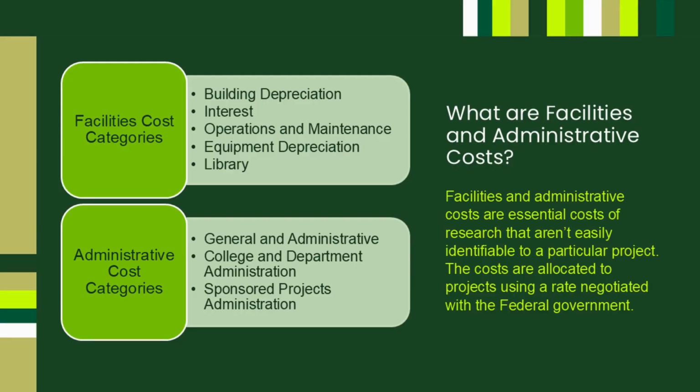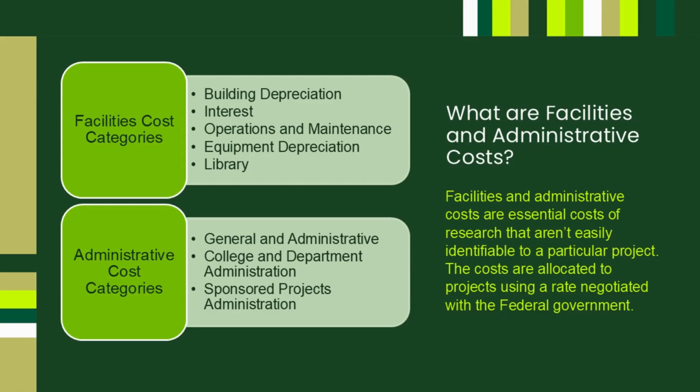On the administrative side, there's the general and administrative costs. So that's the cost of the president's office, the CFO's office, for instance, insurance, the deans, all those kinds of general administration for the university gets allocated to functions of the university and gets to be part of the indirect cost rate. College and department administrators. We have quite a few college and department administrators here.